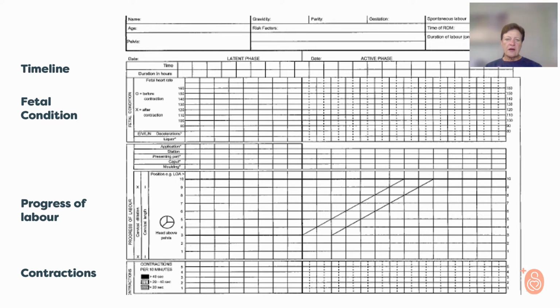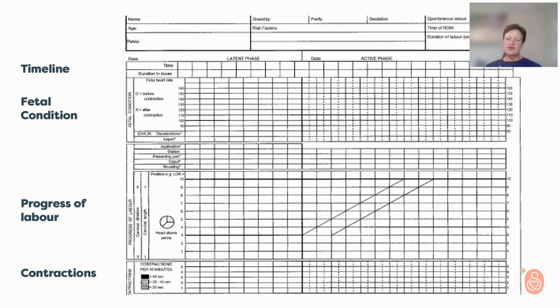So on the top of the partograph, we have all the details of the patient: name, age, gravidity, parity, etc. Then we have a timeline, and we will talk about the timeline separately. We have the time that we write down when we are doing our assessments and recordings, and then the duration in hours. So if we start, for example, our partograph at 2 o'clock, and 4 hours later it's now 6 o'clock, then we will record here 1, 2, 3, 4 hours.